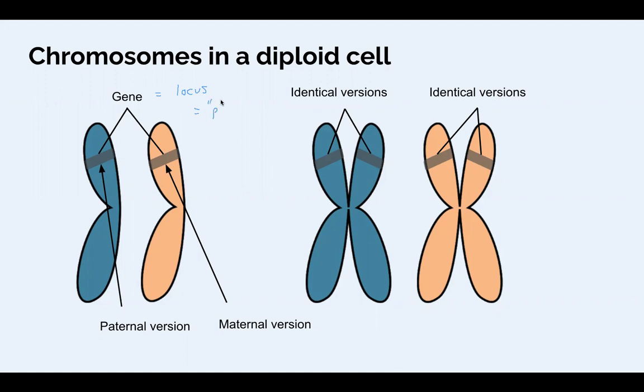And locus is literally the Latin word for place, or you could say position. So if you have a gene, let's say you have the A gene, then wherever it's located on this chromosome should be the same place that it's located on this chromosome. So same gene, could have different alleles for that gene, but should be found at the same place in almost all members of the species.